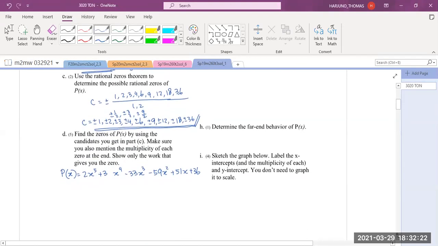Okay, now let me add the coefficients first. 2 plus 3 minus 33 minus 59 plus 51 plus 36. Do I get 0?